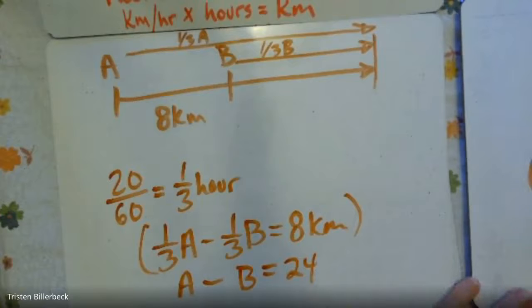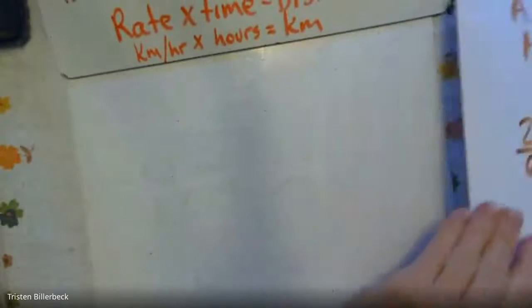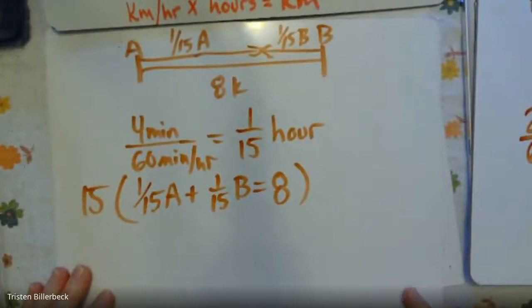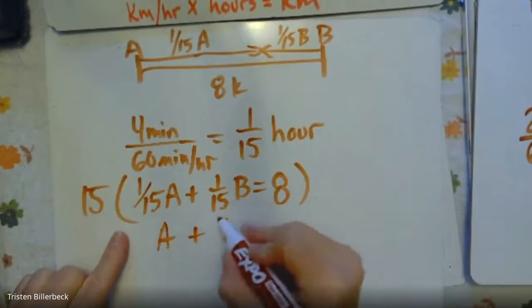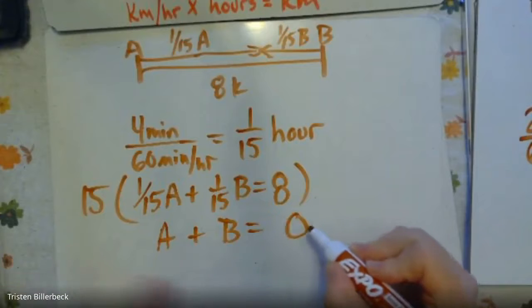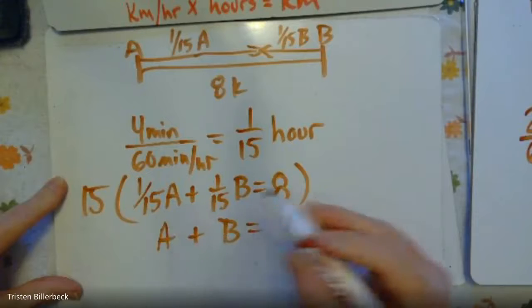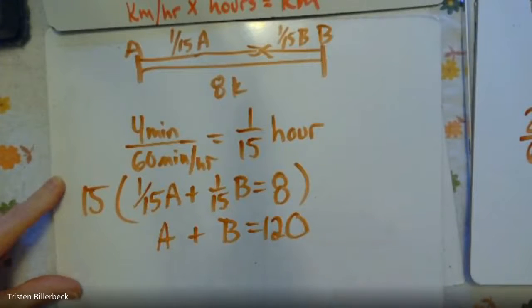Okay, for this one, I don't want to deal with the fractions. Everything's multiplied by 15. So I have A plus B, and then 15 times 8 is 8 times 5 is 40, carry a 4, 8 times 1 is 8, plus 4 is 120.